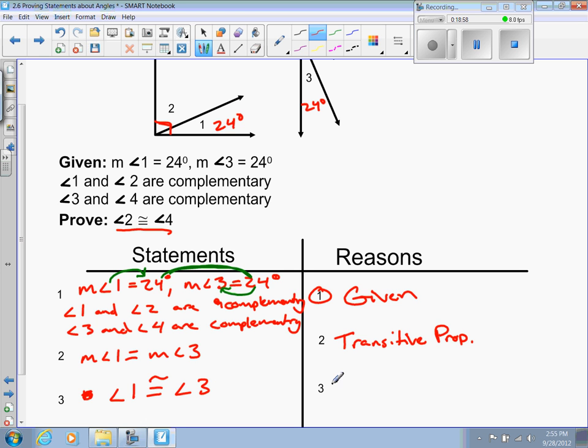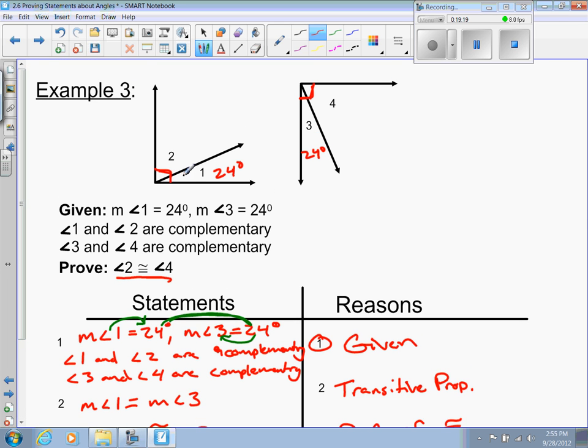Why is that? We went from an equal sign to a congruent sign. That's the definition of that sign, that congruent sign. Definition of what congruence means is that their measures are equal. So I have angle 1 being congruent to angle 3 now. So this angle is congruent to this angle.